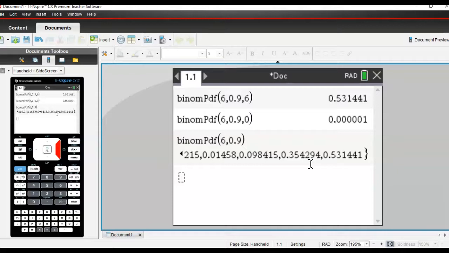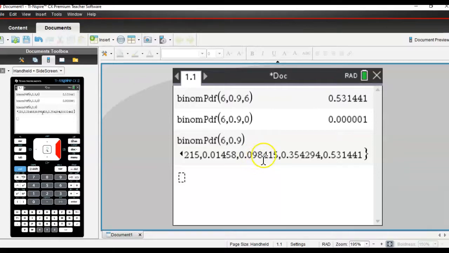So at least 4 dislike means 4 or more. That's multiple probabilities. That's saying that 4 is good, but 5 is good, and 6 is good. So that would be the probability of 6 combined with the probability of 5 combined with the probability of 4. So that's or, we add, right?